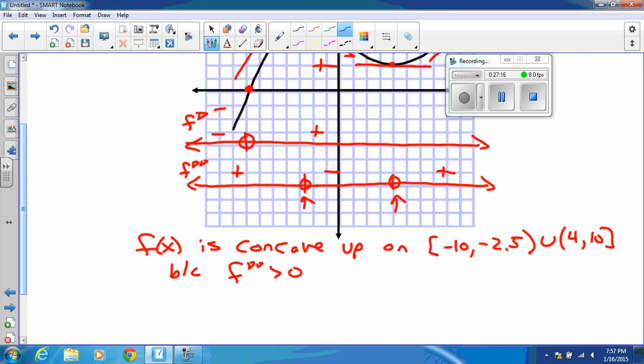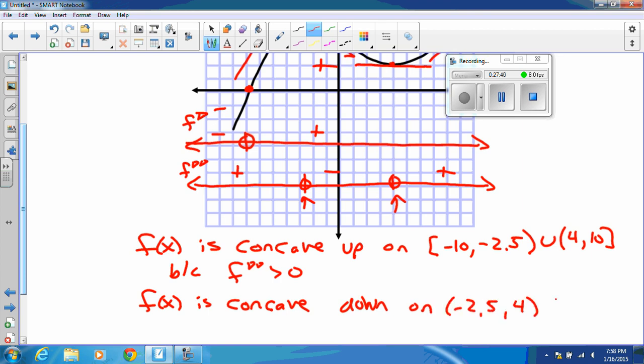We would also include the interval from 4 out to 10. If in your mind you were thinking that the graph of f extends out to infinity, then I would be okay with that. But I was limiting ourselves to -10 to 10 because that's all that we can see.